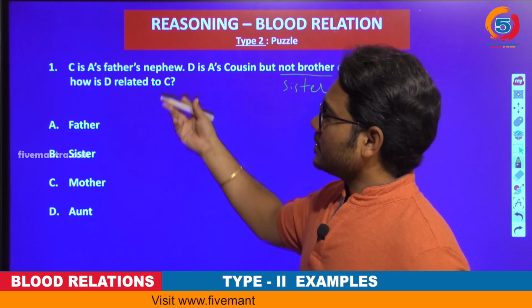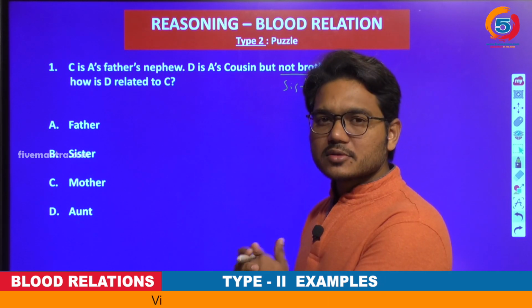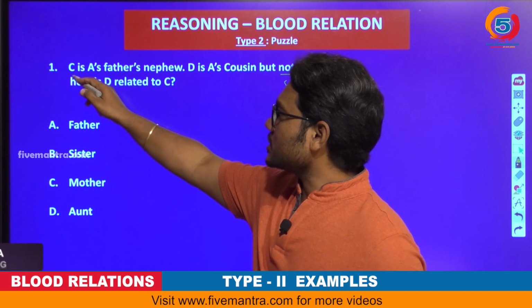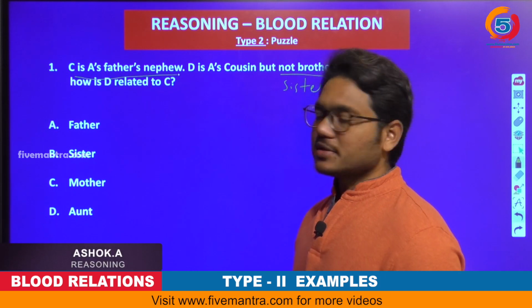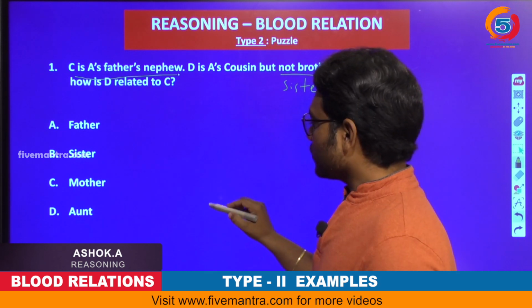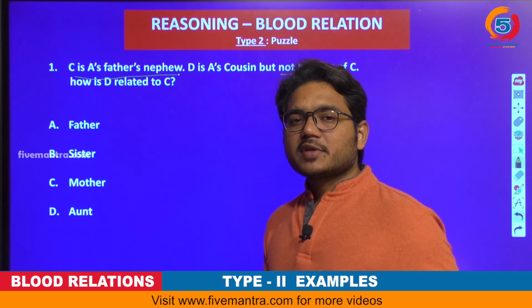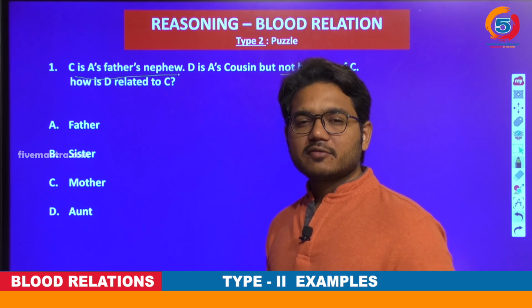We need to start with the parent-child relation as I told you, but it is not that clear in this one, so straight away we will go ahead with the first statement. What is given here? C is father's nephew. For any blood relation problem, the first thing you need to do is identify the relation first.